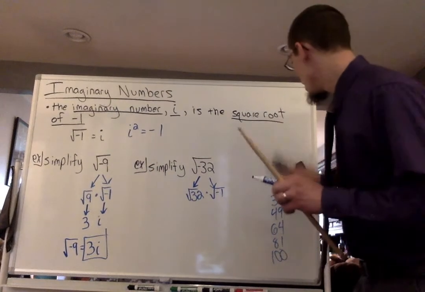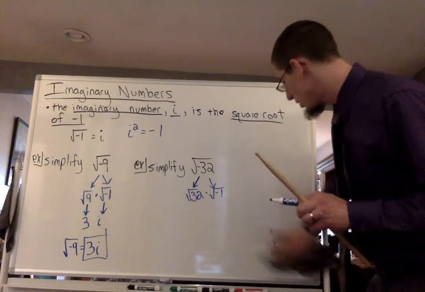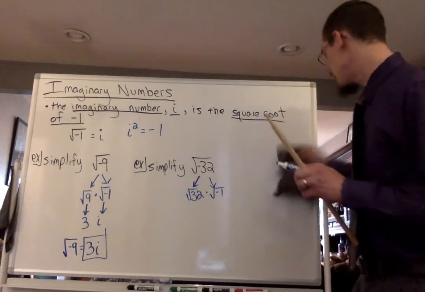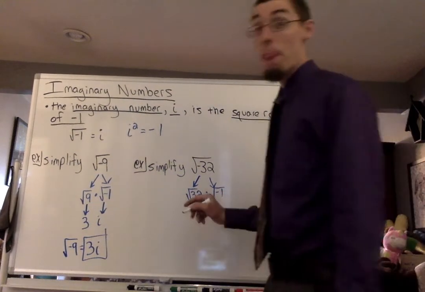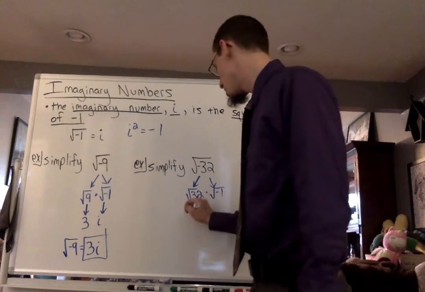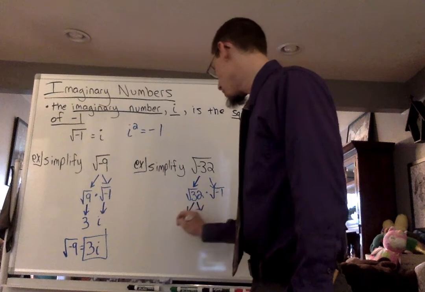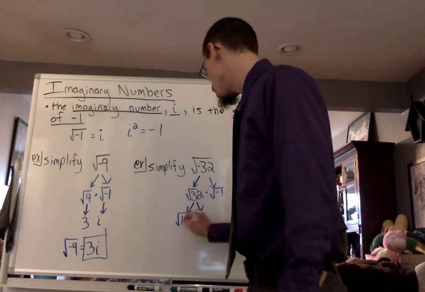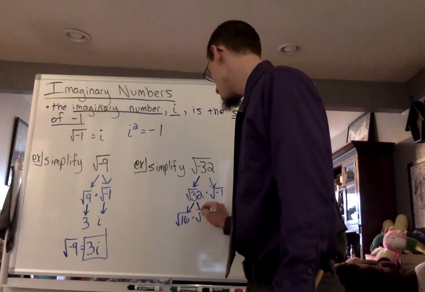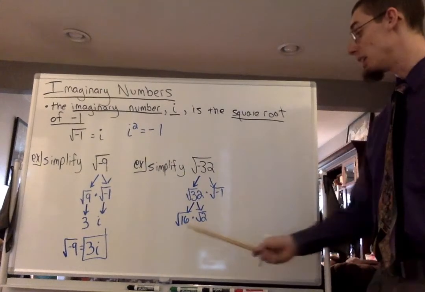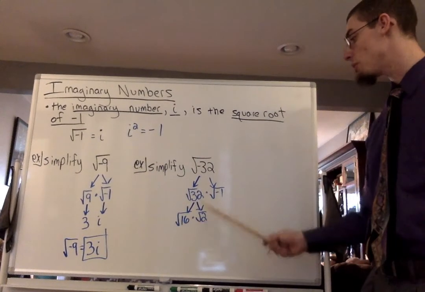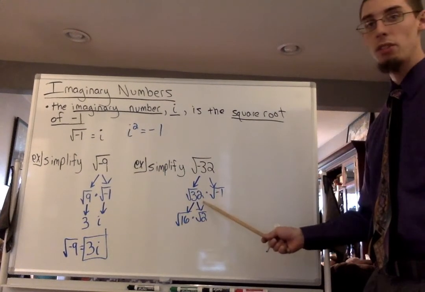Well, it just so happens that 32 can be broken up as the square root of 16 times the square root of 2, because 16 times 2 is 32.